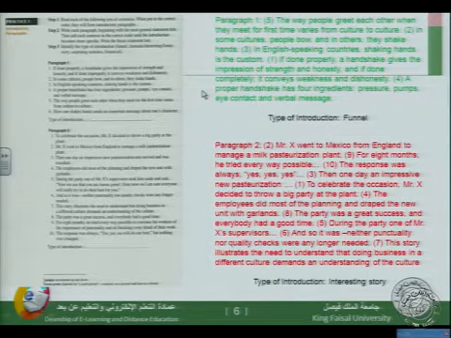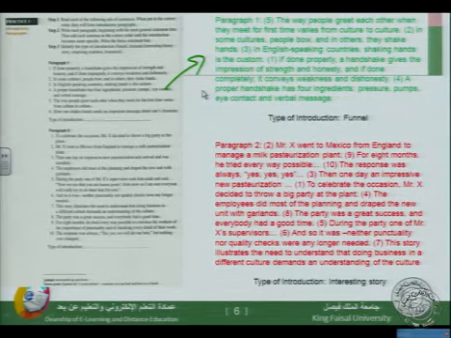If you look at this side, you will find that the order should be like this. The way people greet each other when they meet for the first time varies from culture to culture. In some cultures, people bow, and in others, they shake hands. In English-speaking countries, shaking hands is the custom.